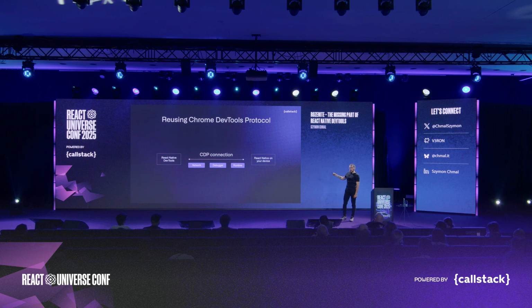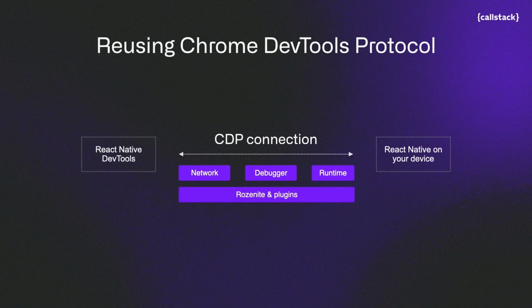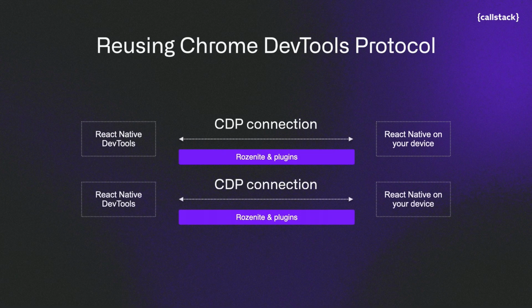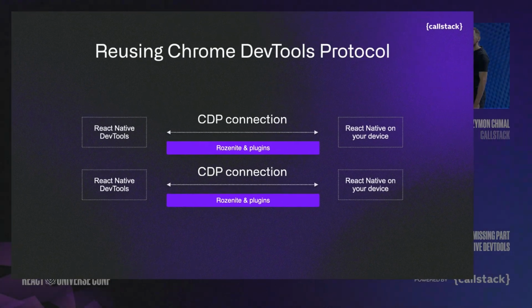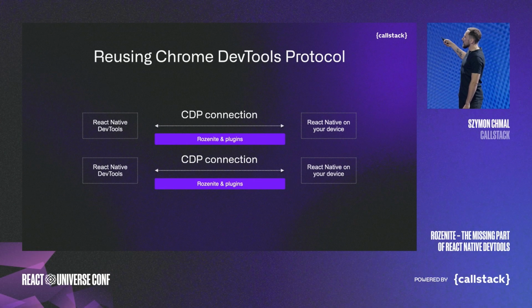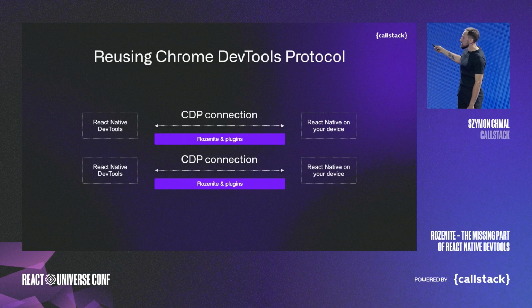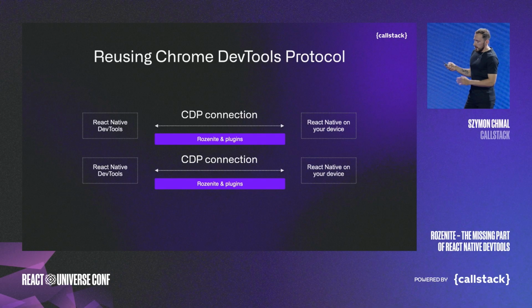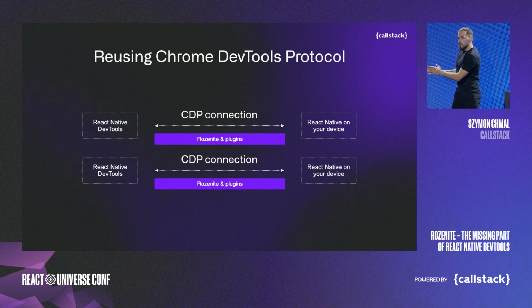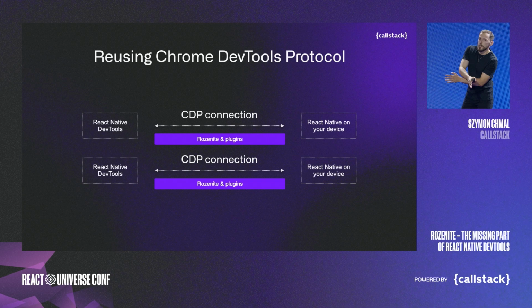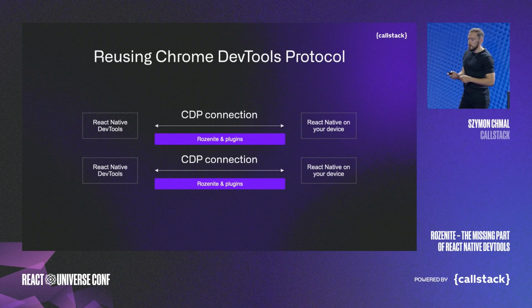And this is super cool because if Rozenite plugins use the same connection, it means that if I have multiple devices running at the same time and multiple sessions running at the same time, Rozenite plugins will use this session and exchange messages with the particular device. So there will be no things like, for example, you are debugging one device, but messages are going to the second for some reason. No, it will work just like React Native DevTools works.